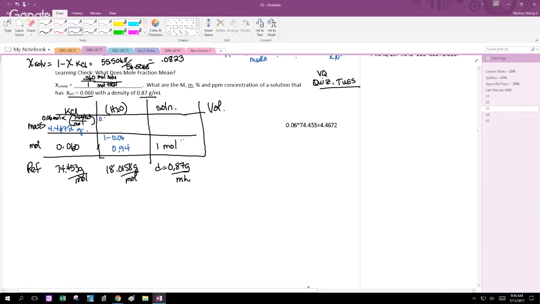I've got 0.94 moles of it, and I know that I have 18.0158 grams for every mole. 16.9349.